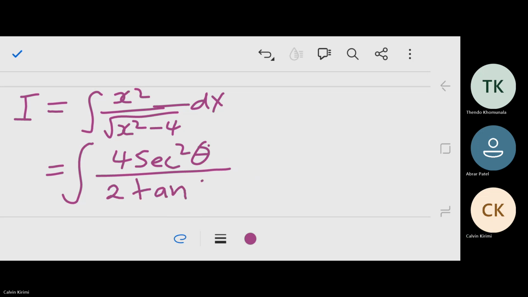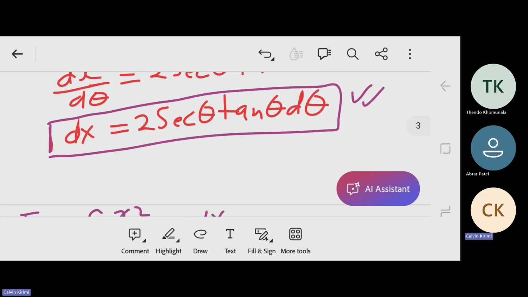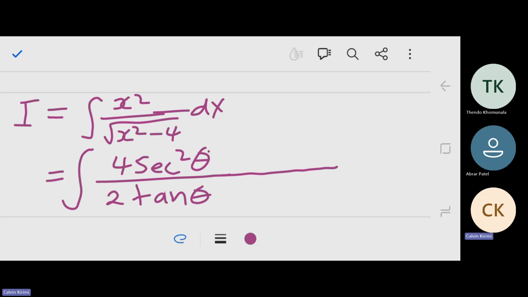Then dx in terms of d theta, we found 2 secant theta tan theta d theta, multiplied by 2 secant theta tan theta. Simple like that. Then don't forget the d theta.